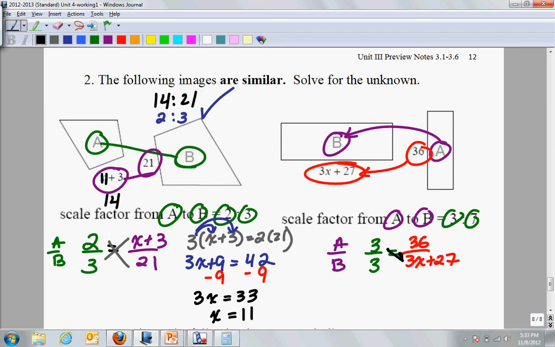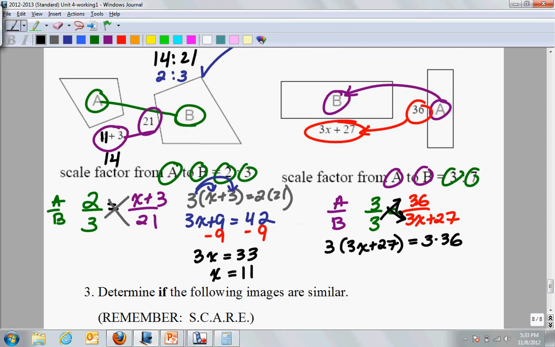Now we're going to cross multiply. Get 3x plus 27 equals 3 times 36. I see that I have 3 on both sides, so I'm just going to divide both sides by 3 and get rid of it completely.